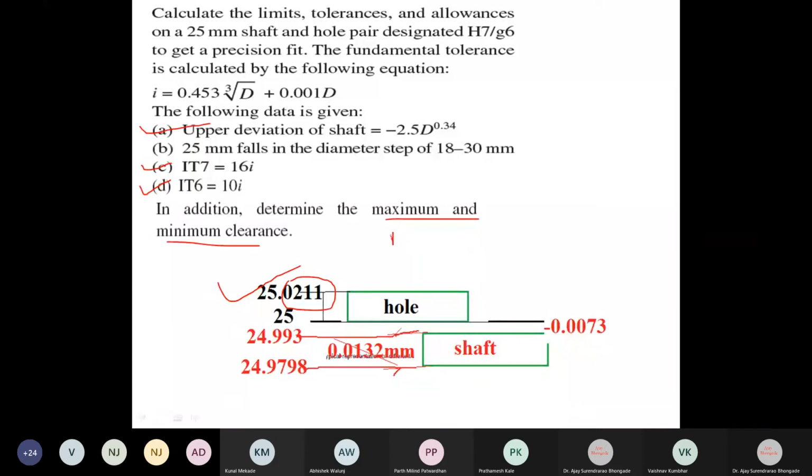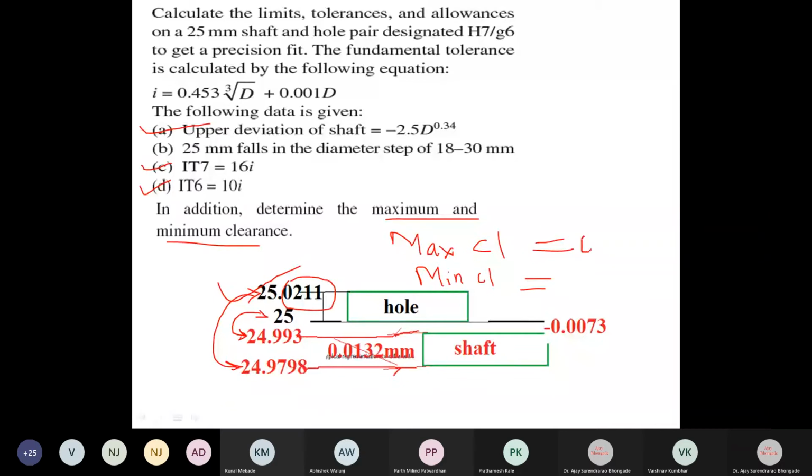What is the maximum clearance now? What is maximum clearance and what is minimum clearance? 0.04. Which one, maximum or minimum? Maximum, right? So 25 minus 0.021. If we take the difference of these two things, we will get the maximum clearance, and if we take the difference of these two things, we will get the minimum.